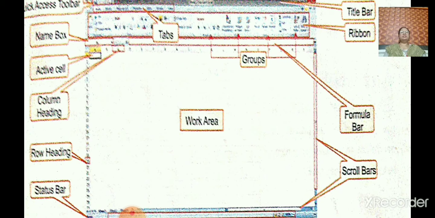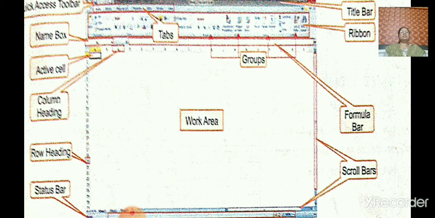And we have learned how to calculate the sum with the help of auto sum also, okay? And the auto sum button is in the formula tab. Excel also has a special built-in mathematical function.